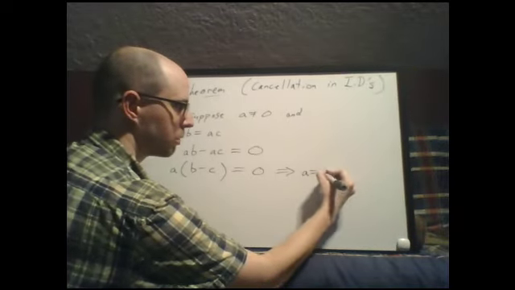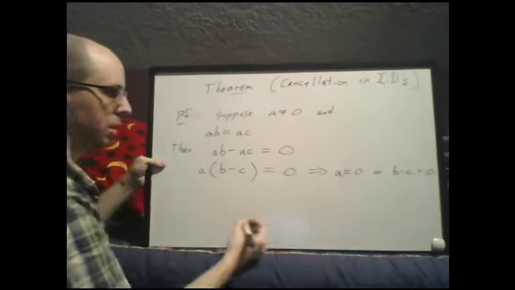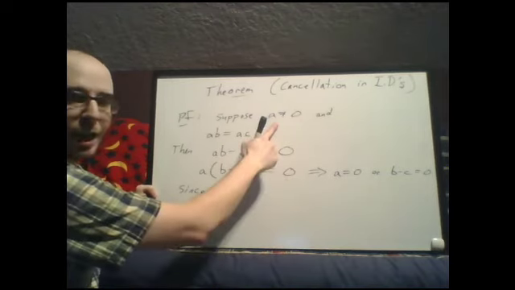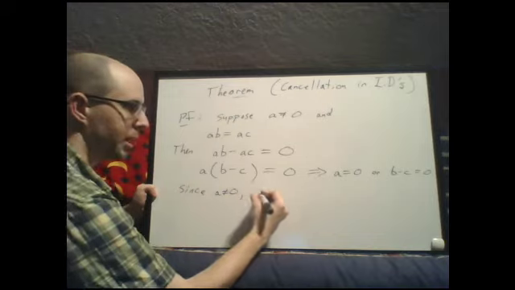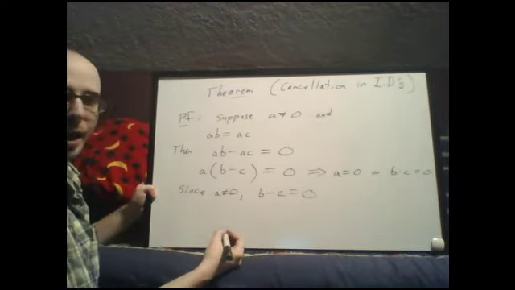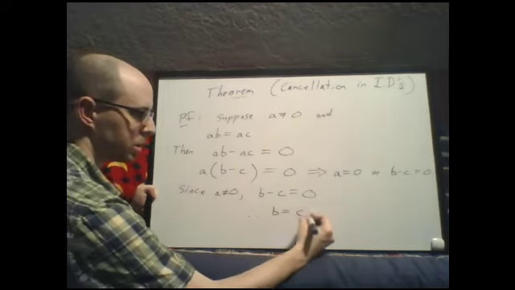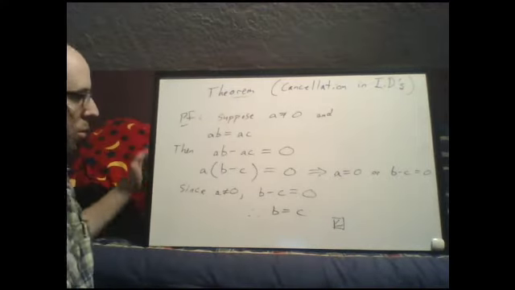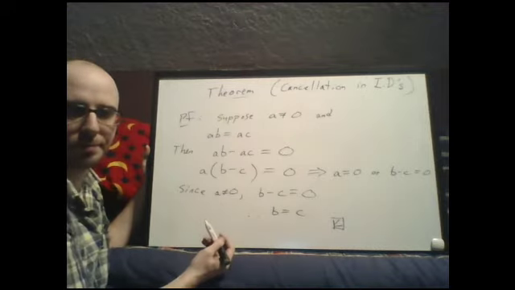So A equals 0 or B minus C equals 0. However, we've already assumed that A is not 0. Since A is not 0, it must be the case that B minus C is 0. And if that's the case, I can add C to both sides. So B equals C, and we're done. That's what we're trying to prove, that when AB equals AC, we can conclude B equals C when A is not 0.